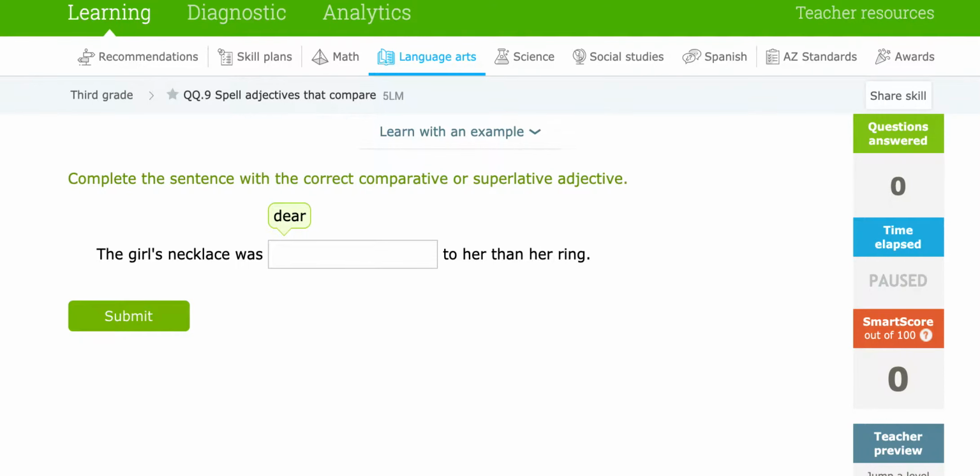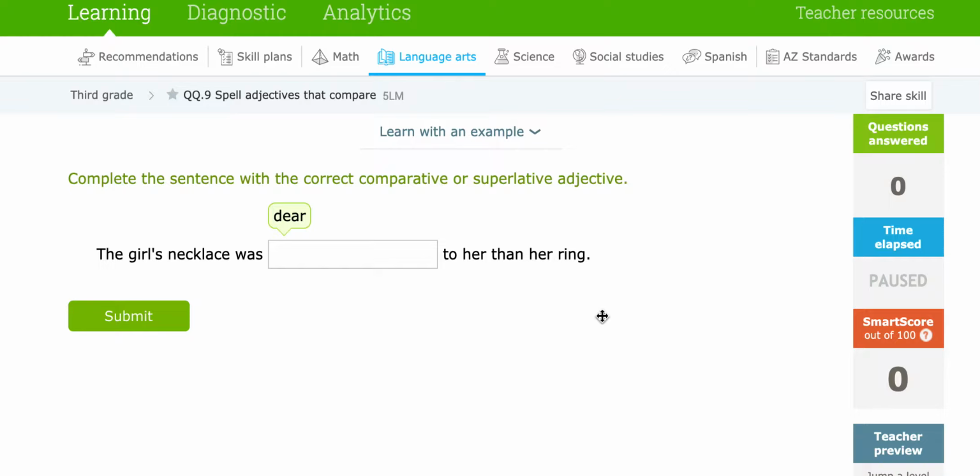So now let's do some examples together. So remember, we are practicing spelling adjectives that compare. So the first thing you want to do is read the instructions. Complete the sentence with the correct comparative or superlative adjective. The girl's necklace was dearer to her than her ring. So now we're comparing the necklace and the ring.